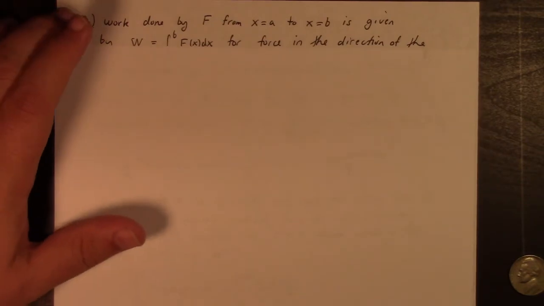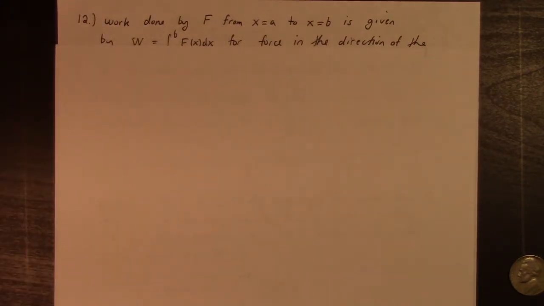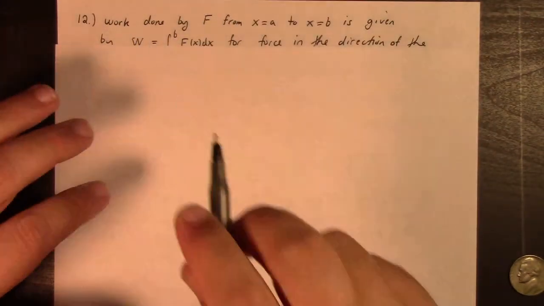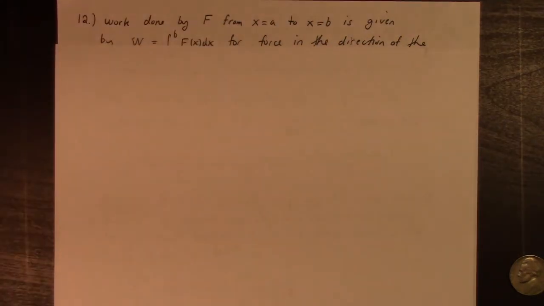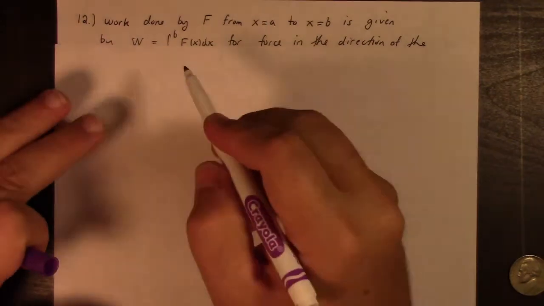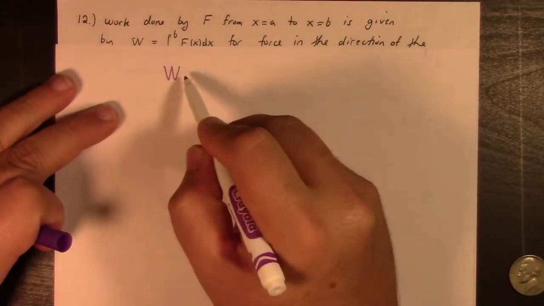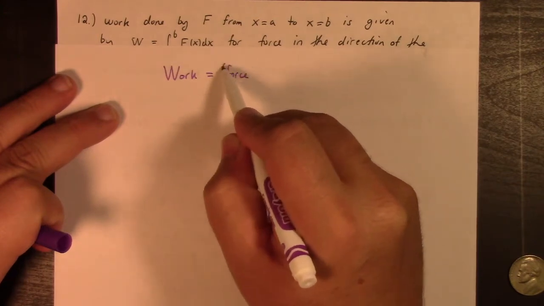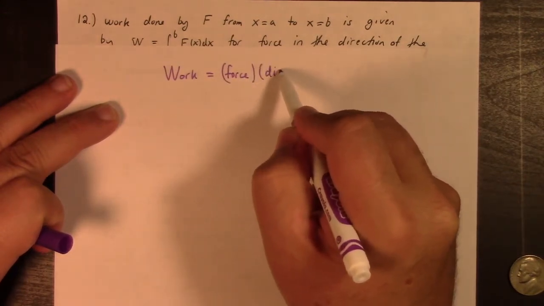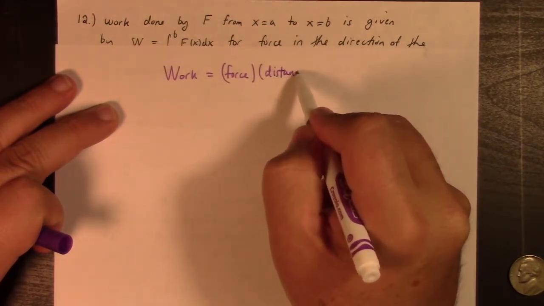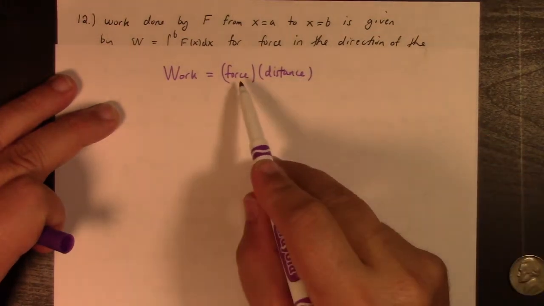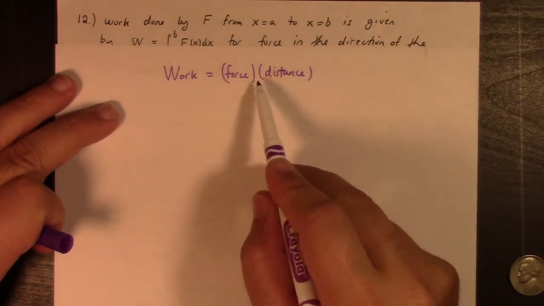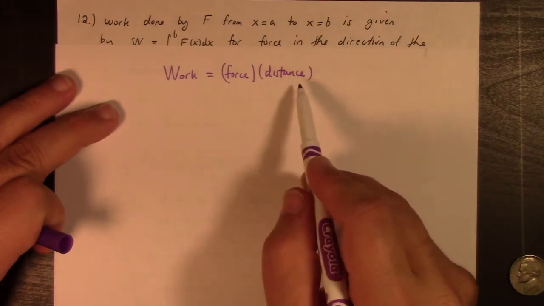Perhaps the most rudimentary one is just that work is equal to force times distance. But in order for this to make sense, we need the force to be constant, and we need the distance to be in the same direction as the force is applied.